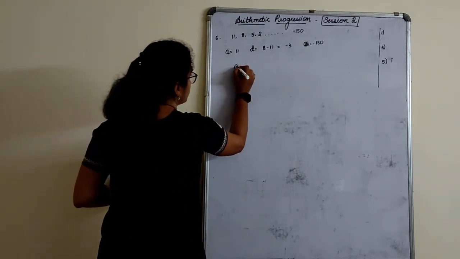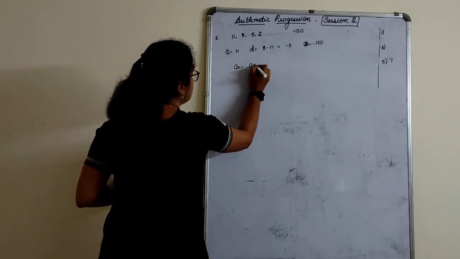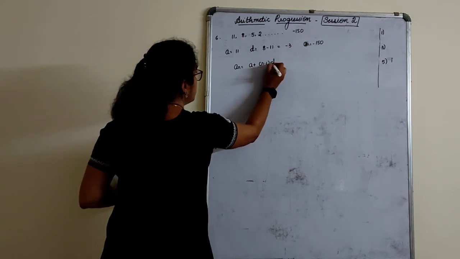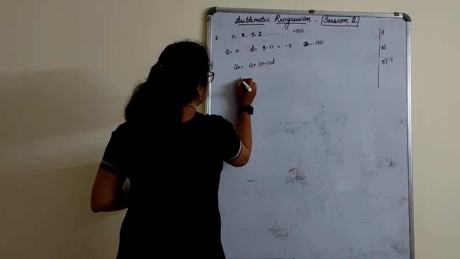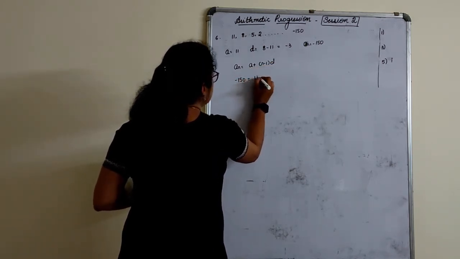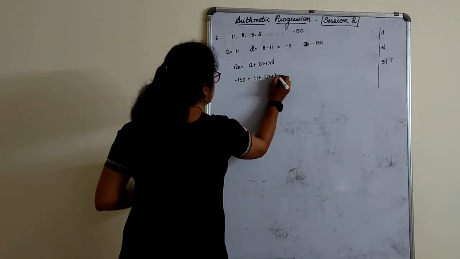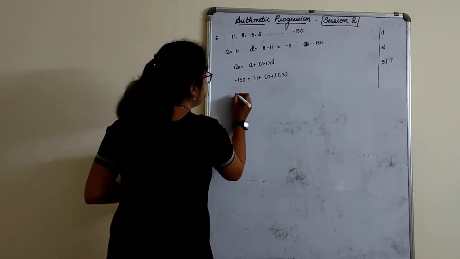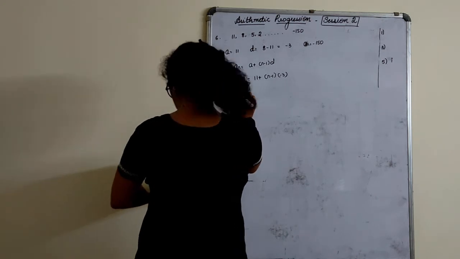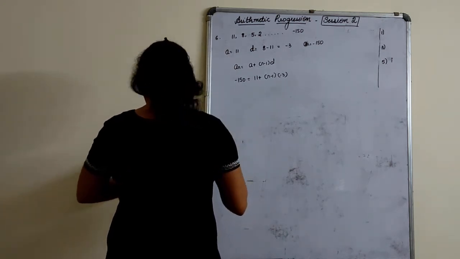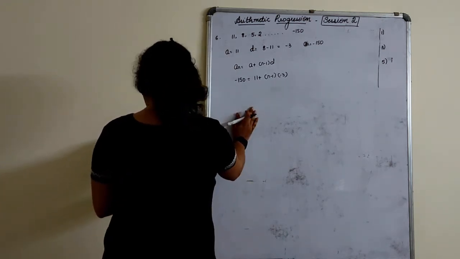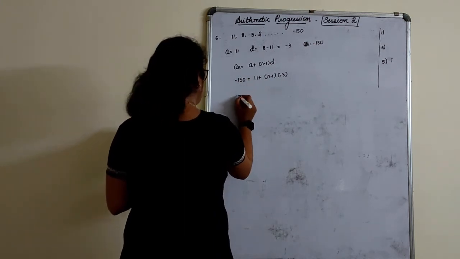Let's check. an is equal to a plus n minus 1 of d, where an is minus 150, 11 plus n minus 1 of minus 3. So what we will do here is, we will take this term to another side.